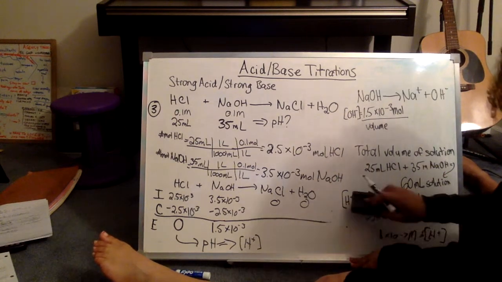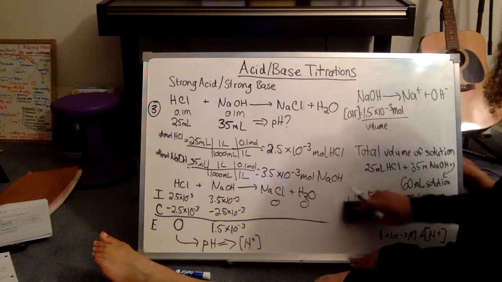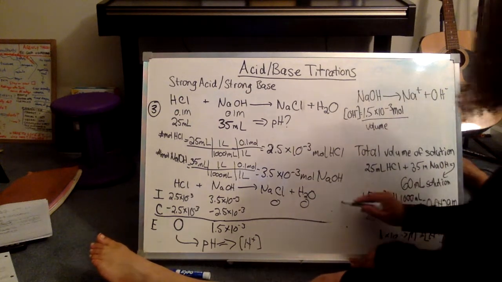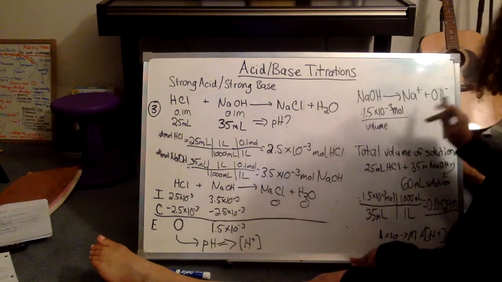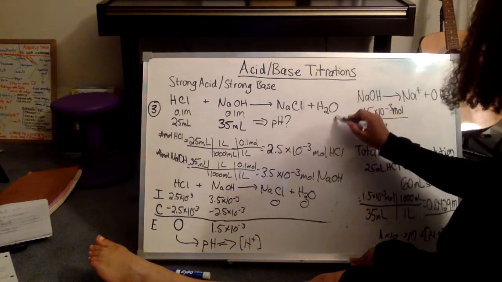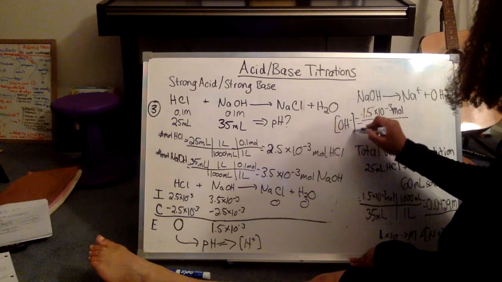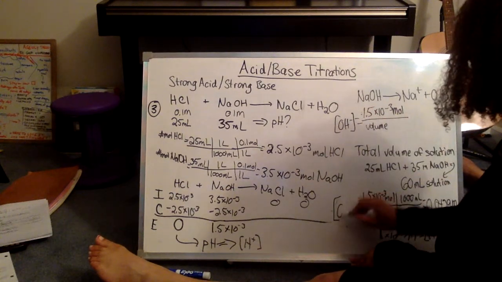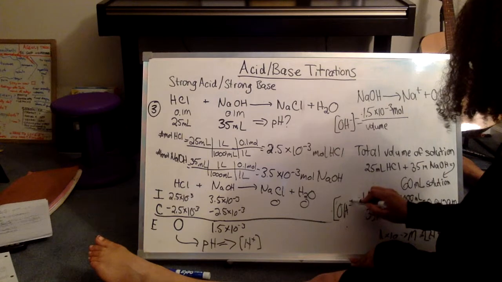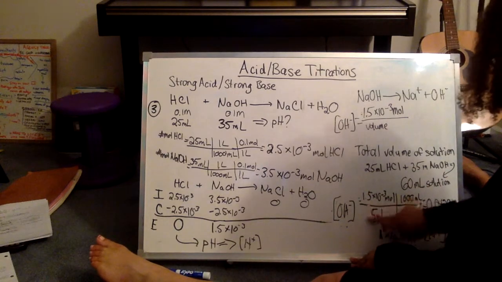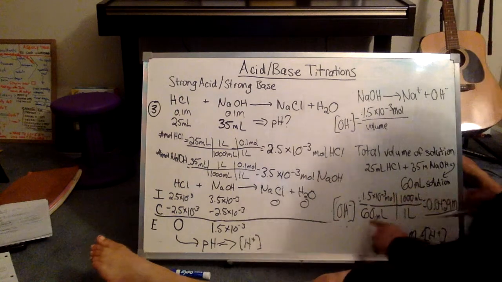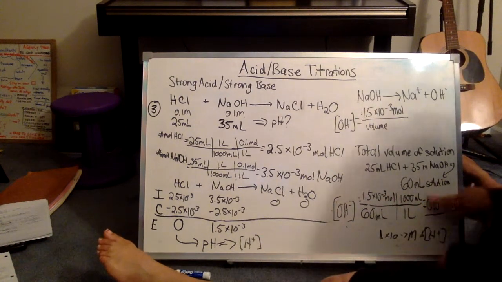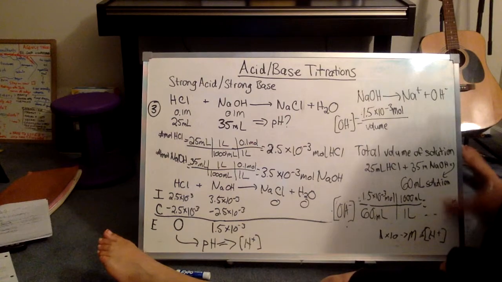So then to figure out the pOH, let me just say that this is what we're trying to figure out. In order to figure out the pOH, we change this to 60, right? We divide.